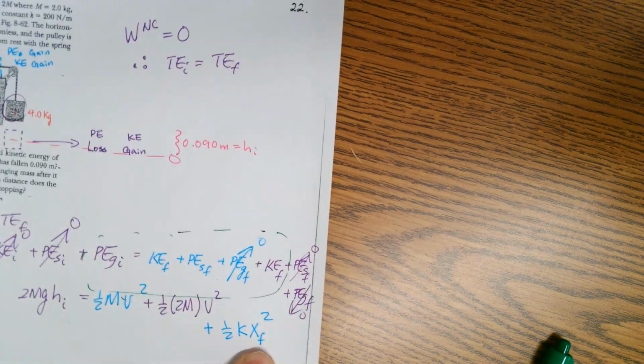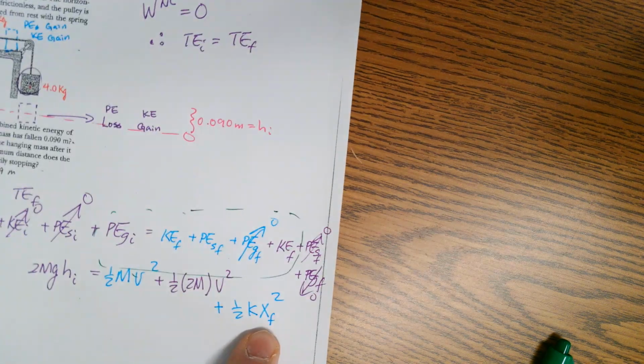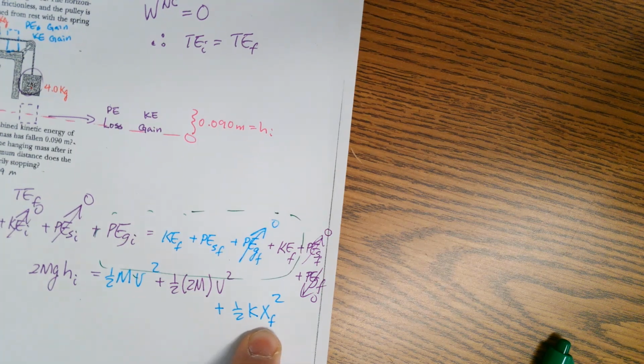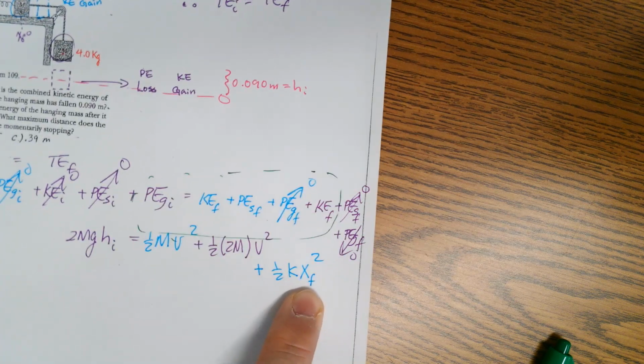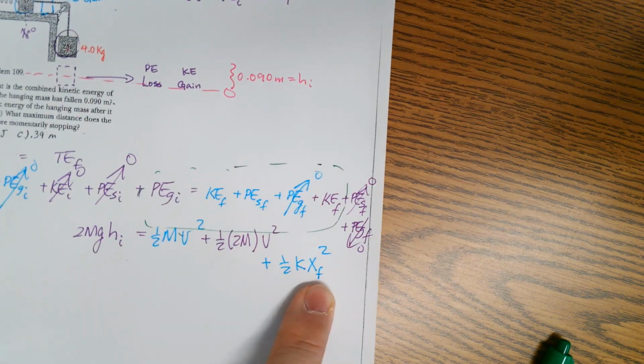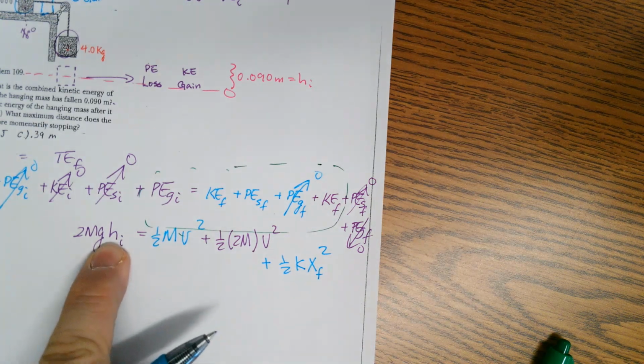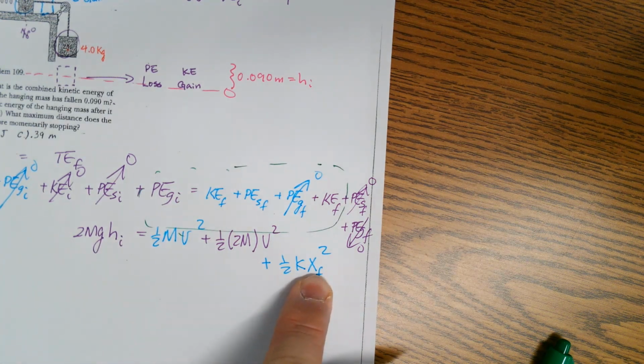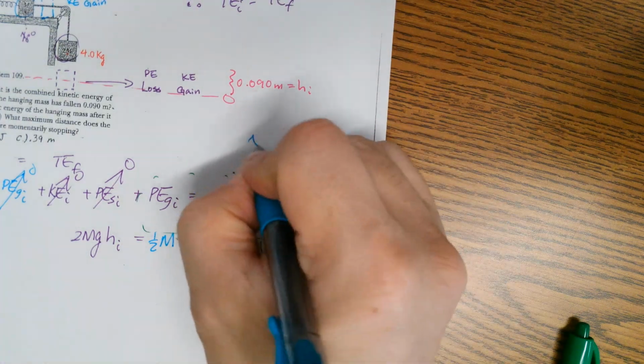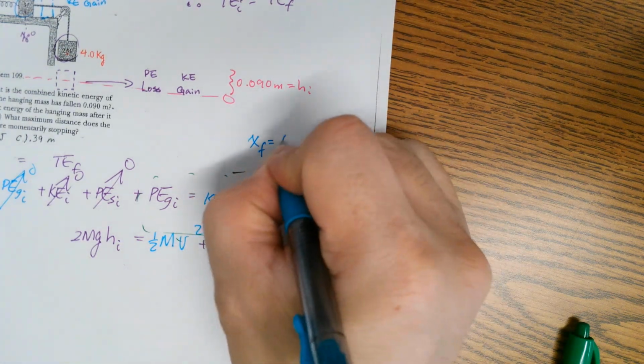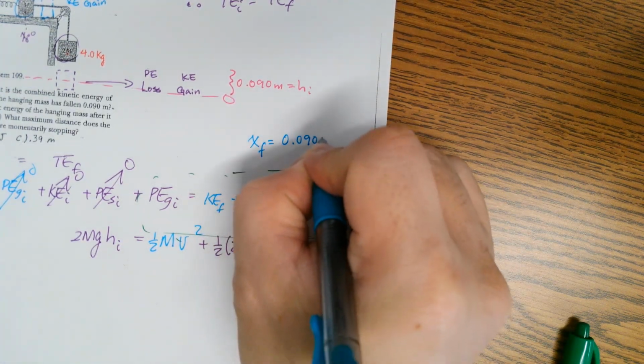This x final, how much will it be stretched? We know how much it stretches. Come on, think it through. There you go. Because it falls this much, so it has to stretch the same amount, right? So x final has to be the same value as 0.090 meters.